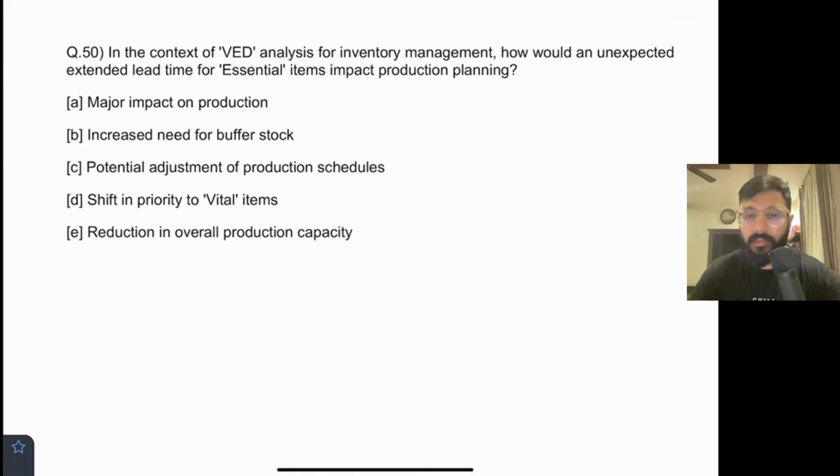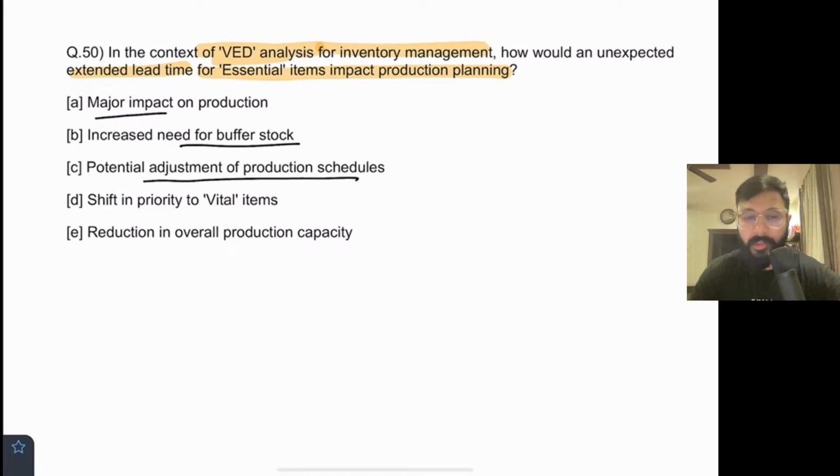Question number 50. In the context of weight analysis for inventory management, how would an unexpected extended lead time for essential items impact production planning? Major impact: increased need for buffer stock, potential adjustment of production schedules, shift in priority to vital items, reduction in overall production capacity.